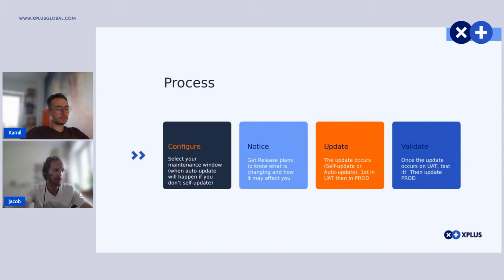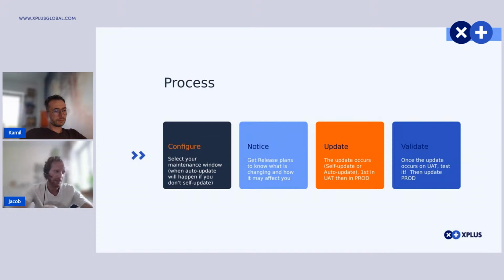That, of course, is if you don't do a self update, which is also an option. And I would say, from my experience, a lot of our customers are doing the self update, or at least hoping to. But if you don't do the self update, then you have chosen that window in which Microsoft will then go ahead and do the auto update for you. So that's the configure aspect of this process.